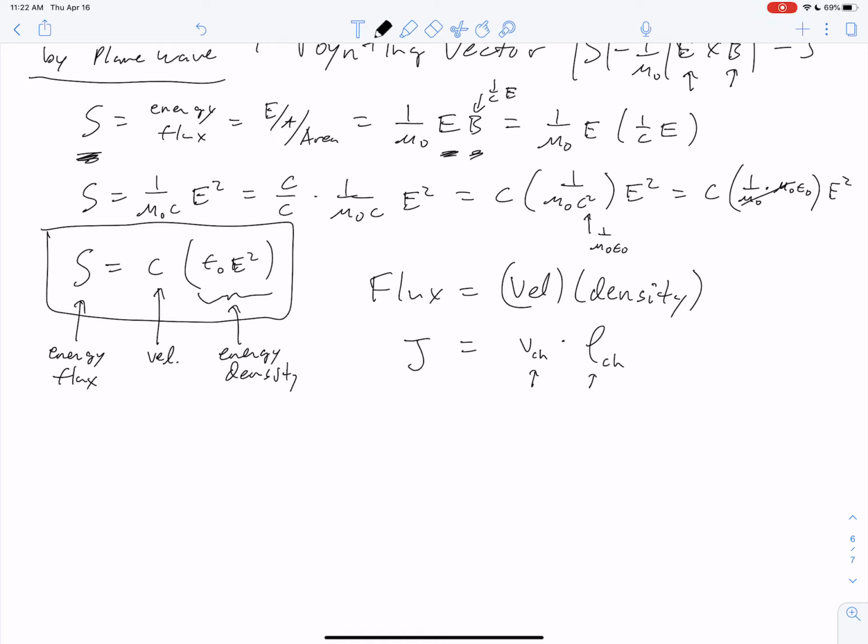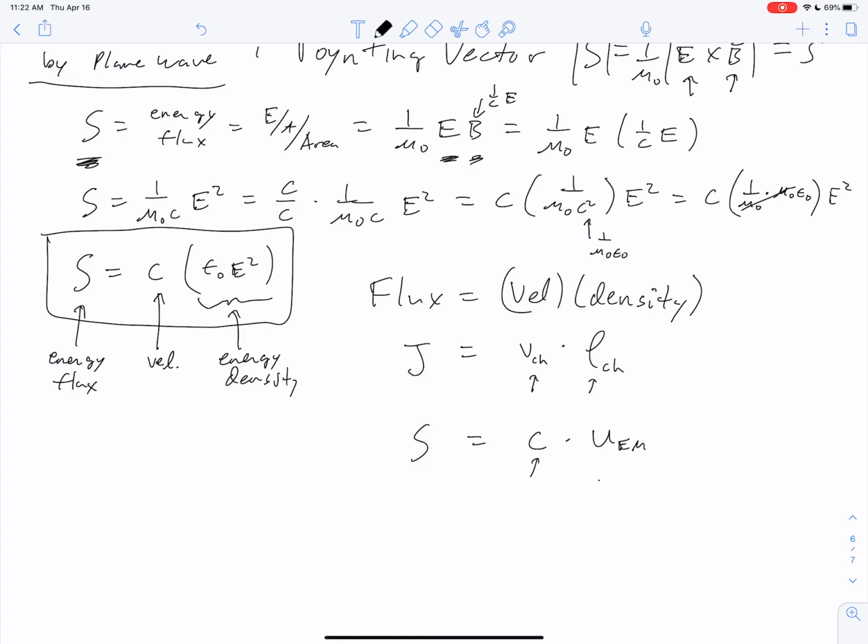And so now we see that S is equal to c times the energy density of the electromagnetic wave, where c is the velocity and this is the energy density. So this is velocity times energy per volume.